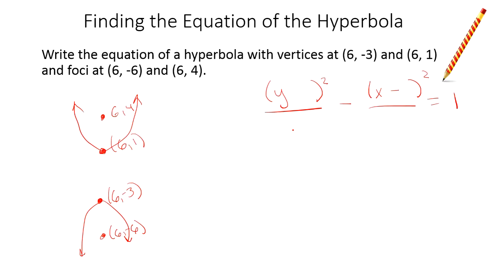Now, first let's find our center, right? So my center needs to be in the middle of my two vertices. So if I need to find the midpoint, remember we used that for our ellipse. We did our two x values, 6 plus 6 divided by 2, and our two y values divided by 2.